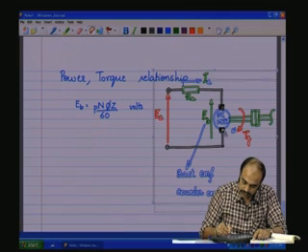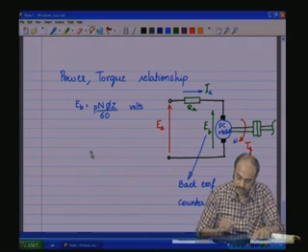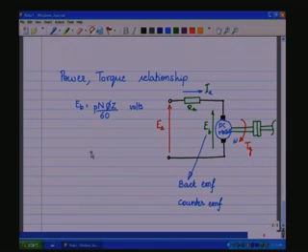So, let us have this picture alongside to have a better idea of what we are doing. Now, the power drawn from the primary source PA would be EA into IA. So, this voltage, terminal voltage into IA will be the power drawn from the primary source, which is the electrical in this case, across the brush terminals.